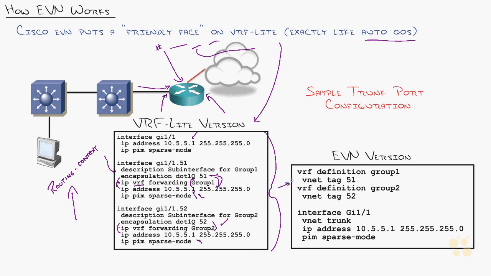This is the EVN version. So we go into global configuration mode and type in VRF definition group 1 VNet tag 51. This totally has marketing written all over it, because when you read about it, they're like, ooh, the secret sauce of EVN is the VNet tag. And really all this is an 802.1q VLAN tag that they're just saying, oh, well, look, that's what we use to identify the different VRF stuff.